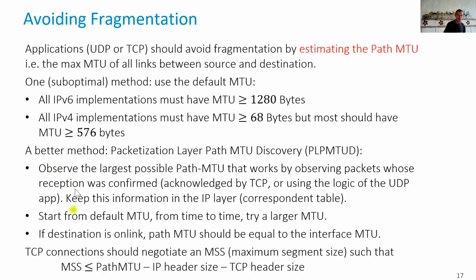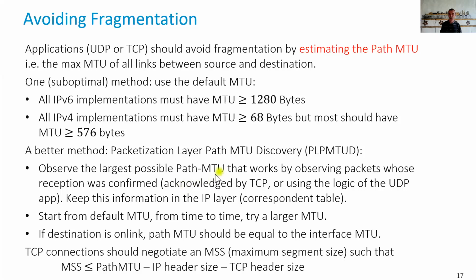So one method that is used by Windows and Mac OS and Linux is to implement what is called packetization layer path MTU discovery, which consists in getting hints from the higher layers, the application layer, of what worked.